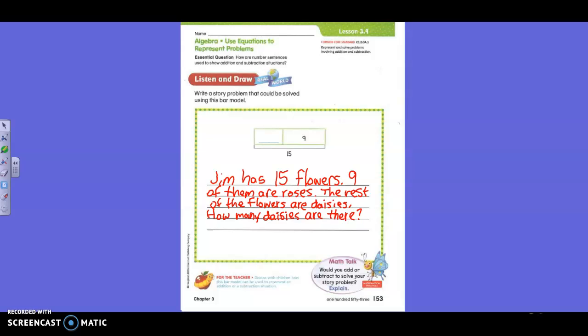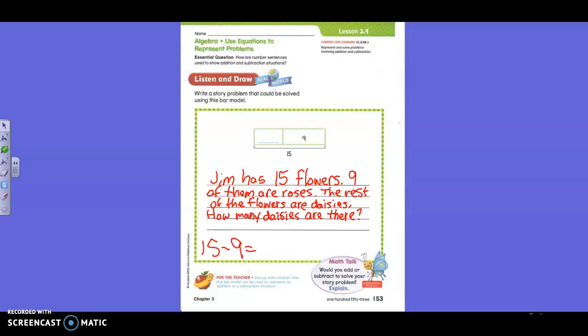We can solve this problem by subtracting, or we could actually even solve it by adding too. But subtracting would probably be the best because they gave us the big answer. So we would have 15 minus 9 equals what? 6.